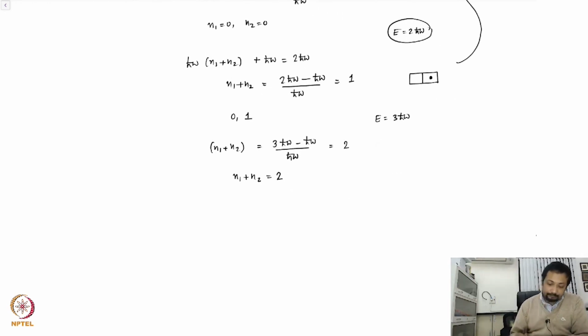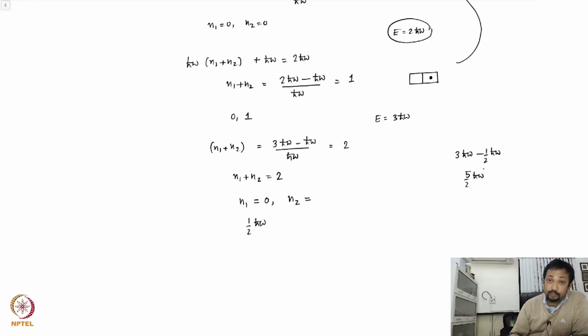That means I have n1 is equal to 0, n2 is going to be... n1 equal to 0 gives me half h bar omega, and I have to take it to 3h bar omega minus half h bar omega, so that is going to be 5 by 2 h bar omega.